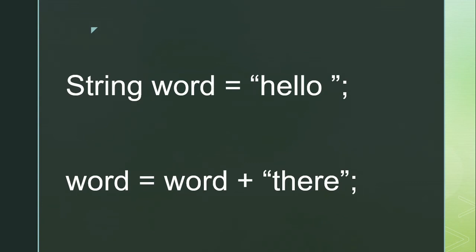So over here, you create a variable hello, and then you add, with a space, please notice, hello with a space, and then you add there to the variable hello and save it inside the variable itself. So basically you replace the variable with itself in addition to this string added to the end of itself.